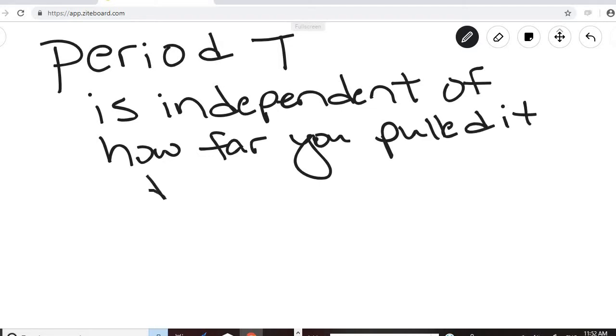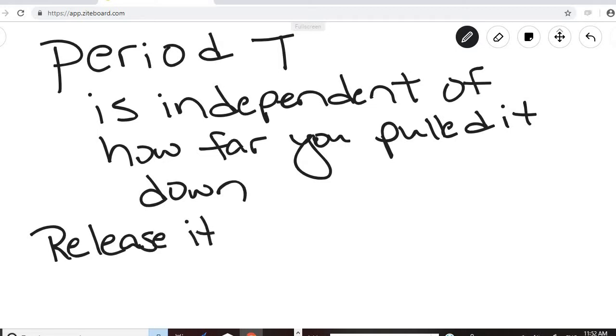And you think, how can that be? Well, another thing I should mention is that if you pull it down to 10 centimeters, it will never go more than 10 centimeters above or below.